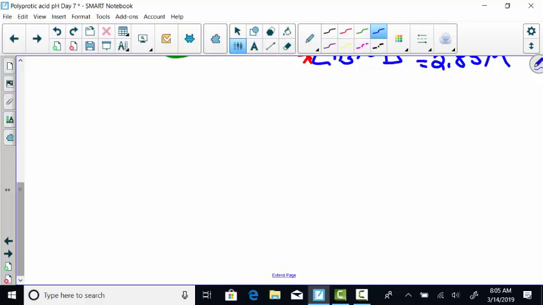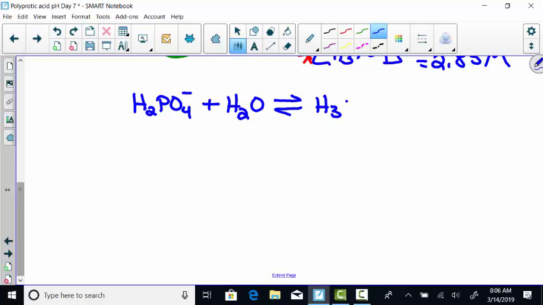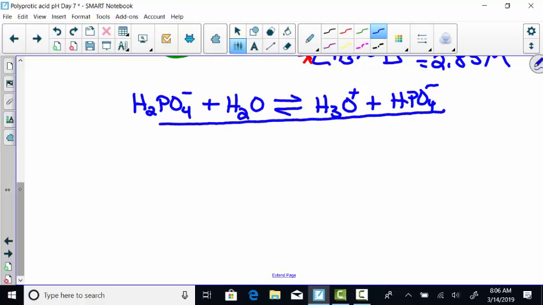So now I have the H2PO4 minus that is going to ionize with water, and it is going to form H3O plus and HPO4 minus. And we're going to make this into an ice chart.